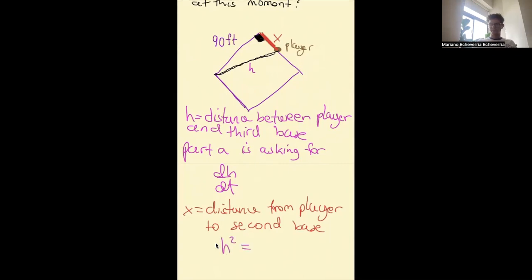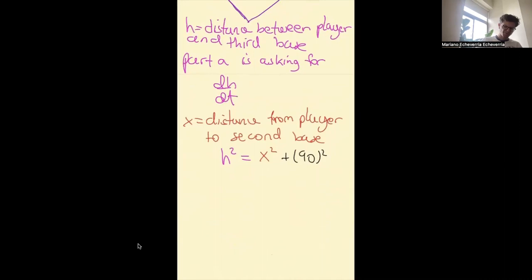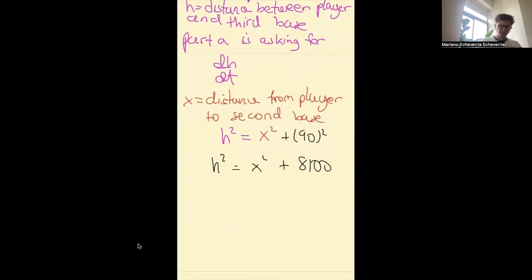H squared is x squared plus 90 squared, right? That's just Pythagoras theorem. Is that making sense? So that's what Pythagoras theorem is saying. That's not too important because you're about to take the derivative with respect to t on both sides.